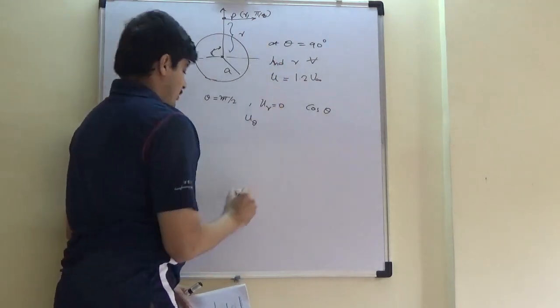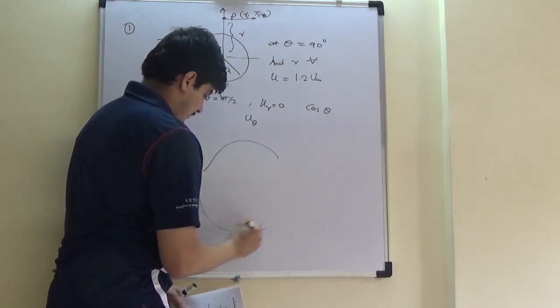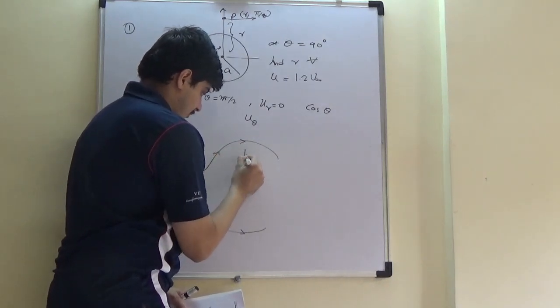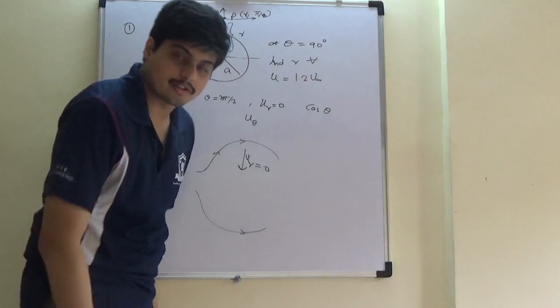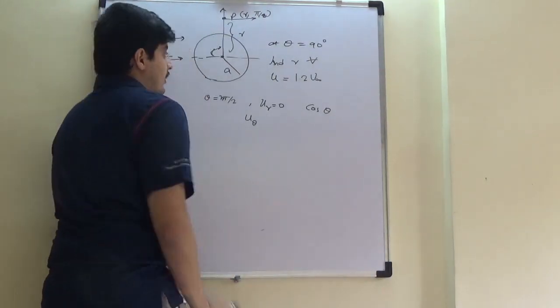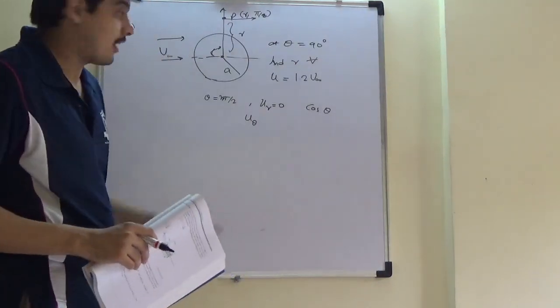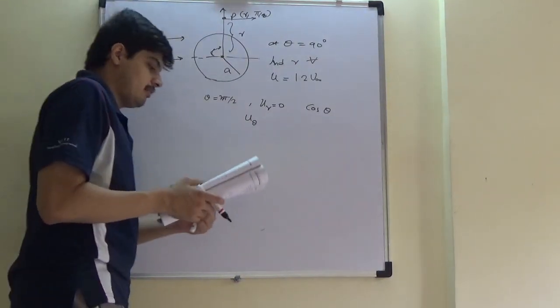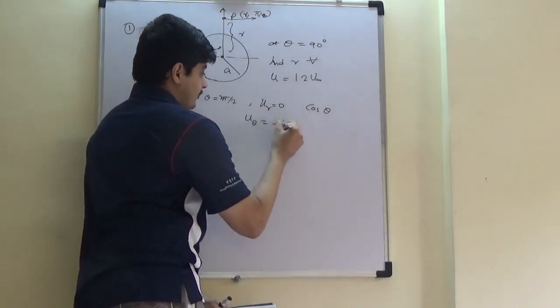If you see the flow patterns, you can see that there is no radial velocity because there is no source or sink flow, so there is no way the flow can enter inside, and there is no flow in this direction because of the symmetry. Now what is u theta?